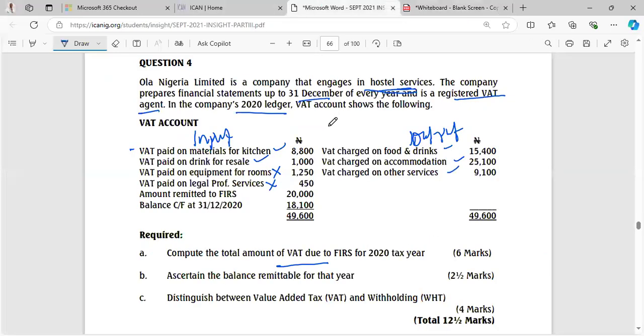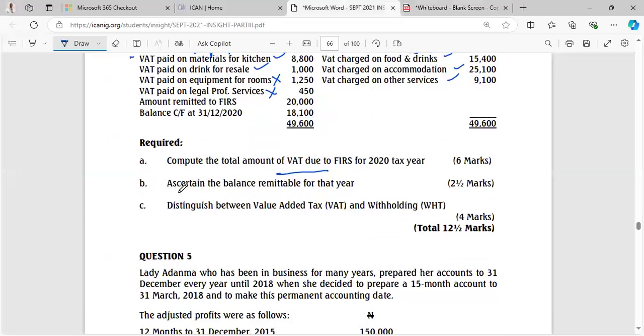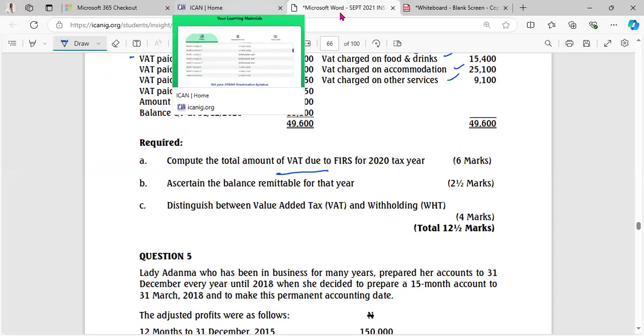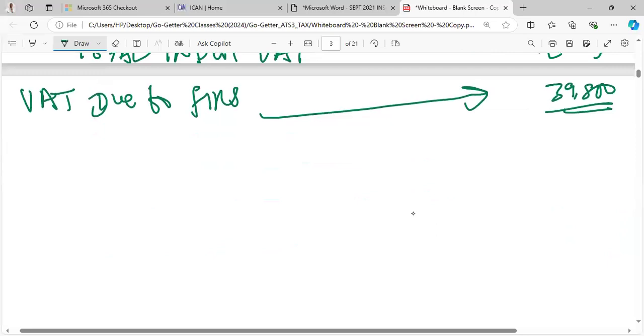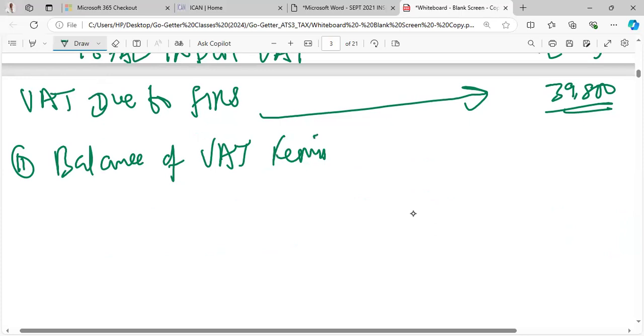The second question is asking us to ascertain the balance remittable for that year. So I will come here. This is the second part. Balance of VAT remittable for the year.